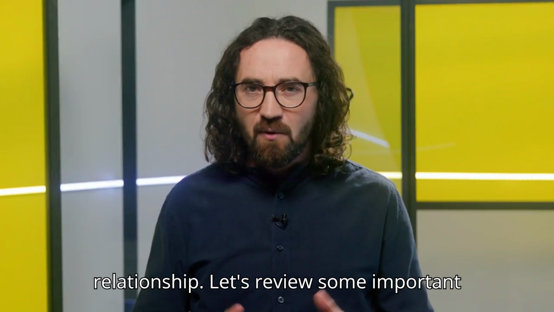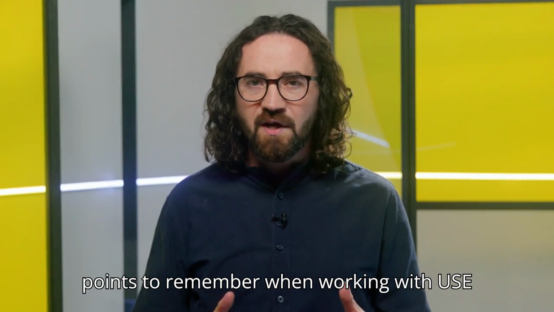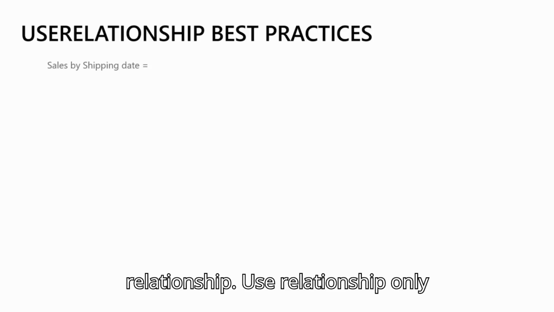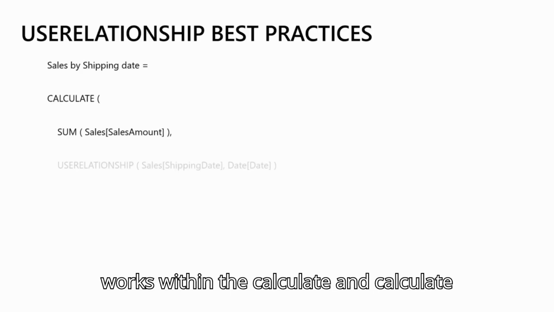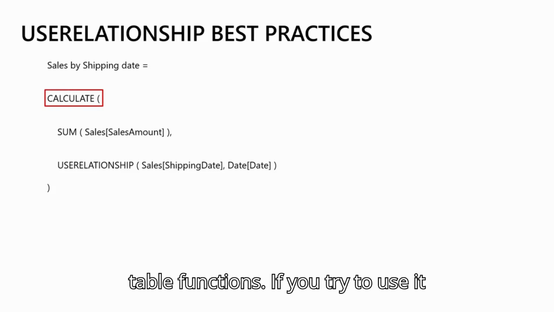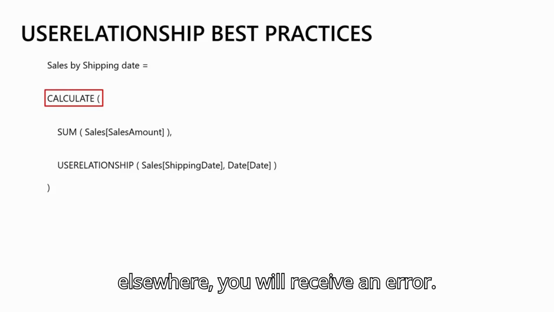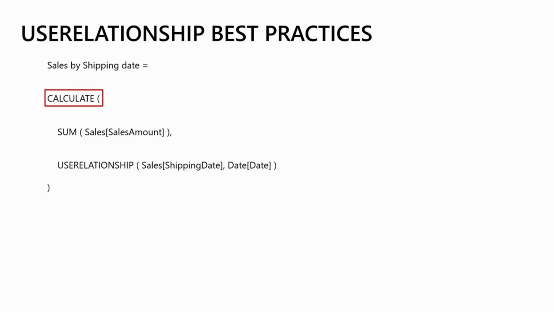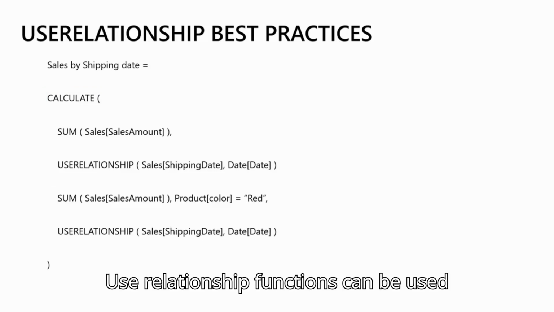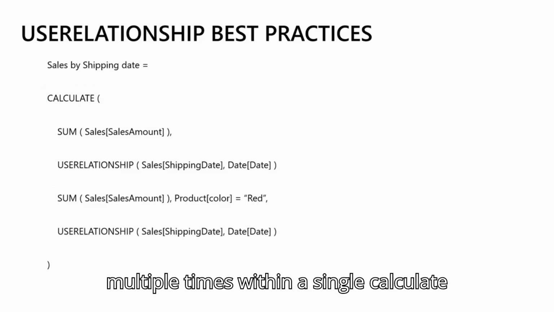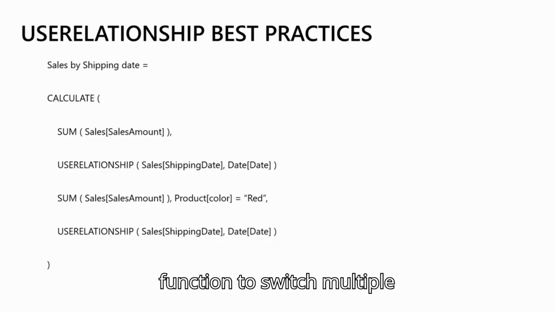Let's review some important points to remember when working with USERELATIONSHIP. USERELATIONSHIP only works within the CALCULATE and CALCULATETABLE functions. If you try to use it elsewhere, you will receive an error. USERELATIONSHIP can be used multiple times within a single CALCULATE function to switch multiple relationships.